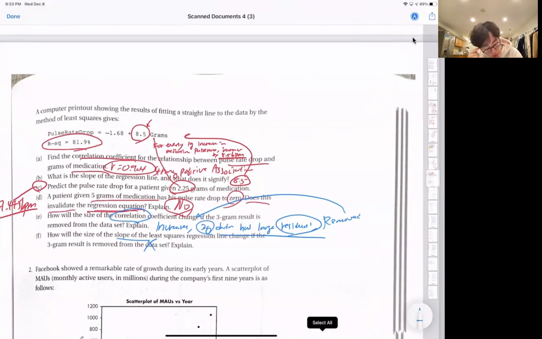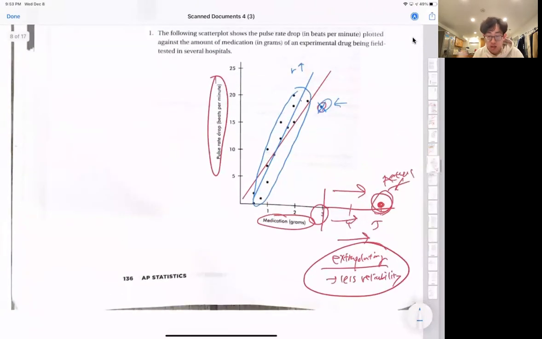For part F, how will the size of the slope change? The slope obviously increased because look how steeper it is. It's about the incline, right? So this is at 0, this is like half, and let's call this one 2, an even higher incline than that.